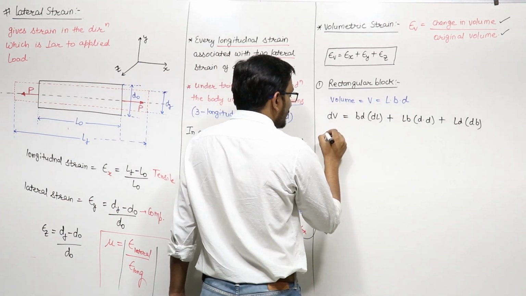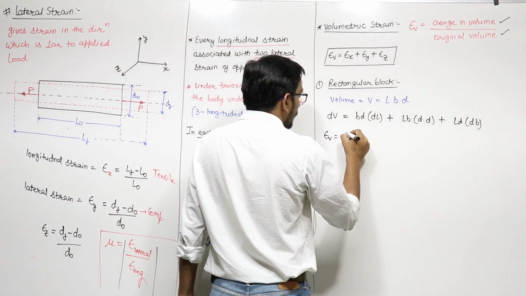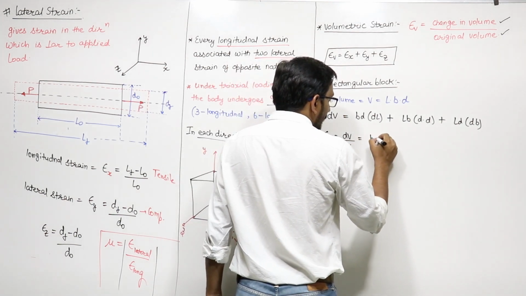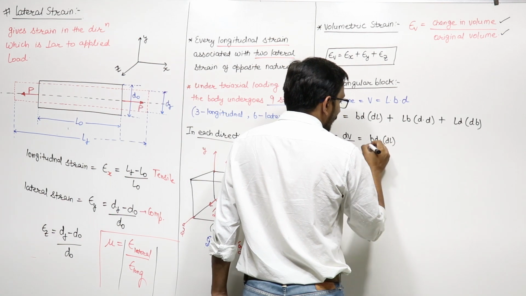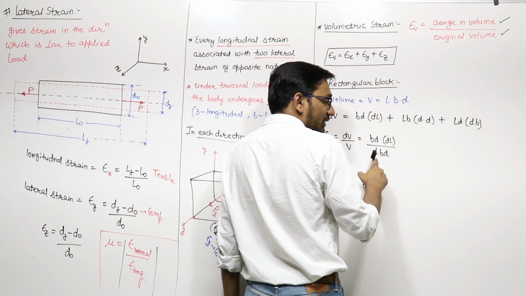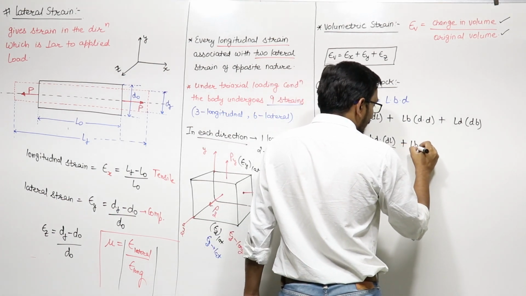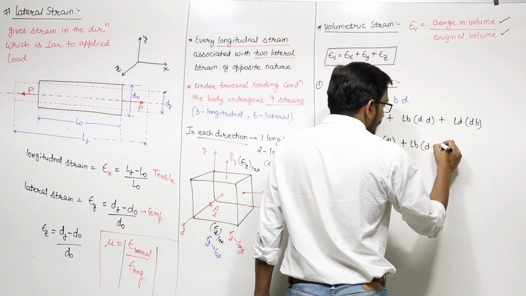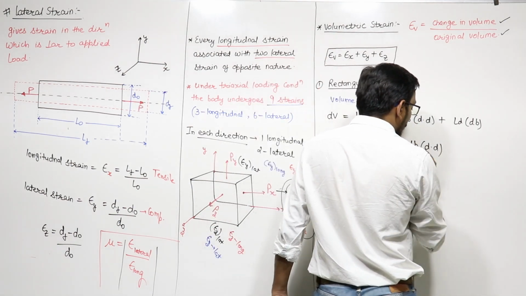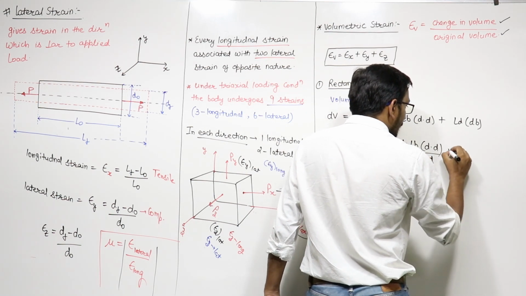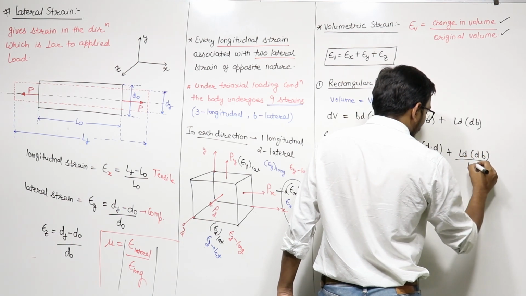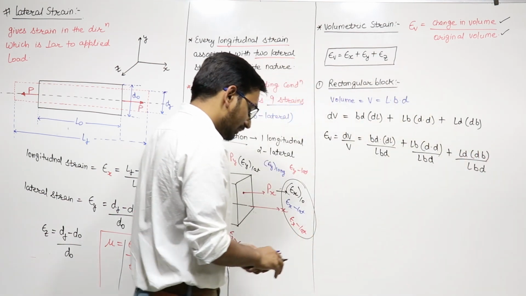Now we want to know the volumetric strain, that is change of volume upon original volume, that is BD into dL upon LBD. Total volume is LBD, original volume, plus LB into differentiation of depth, this is not D square, this is differentiation of depth or height, upon LBD, plus LD into differentiation of width upon LBD. Right?